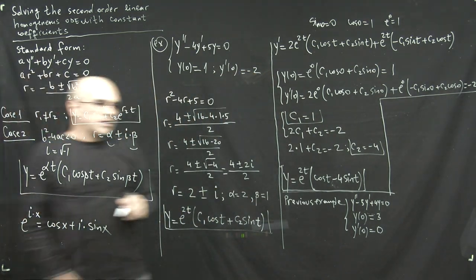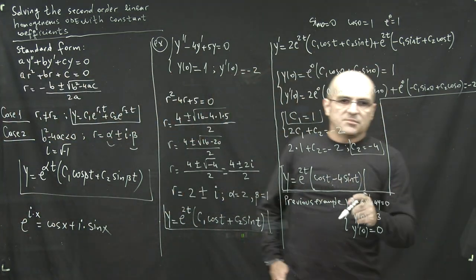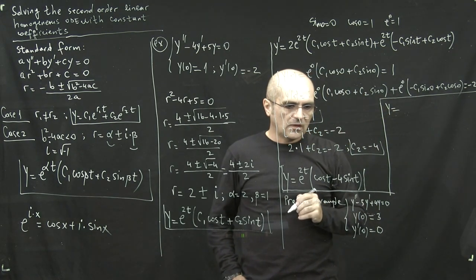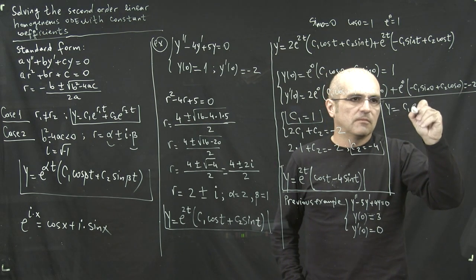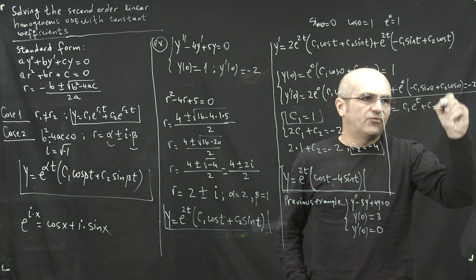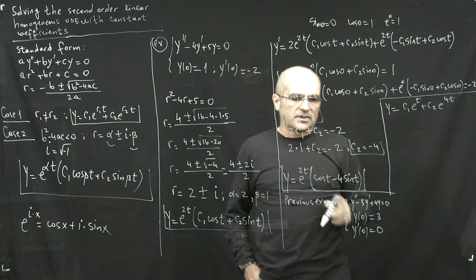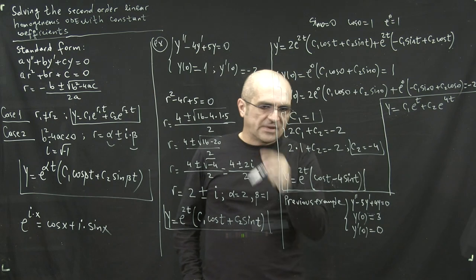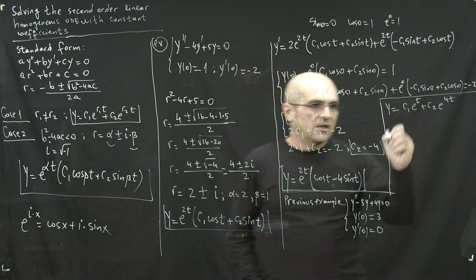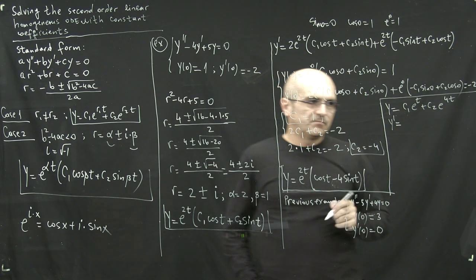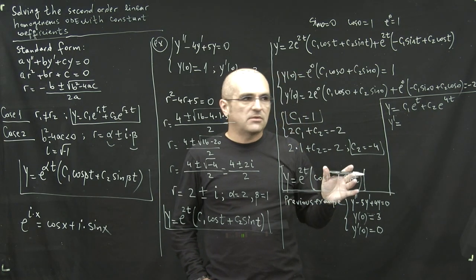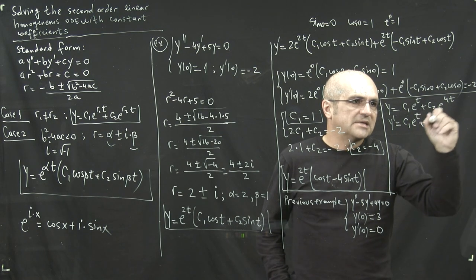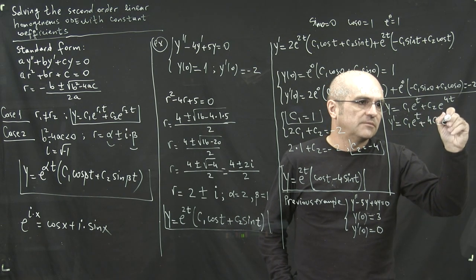Okay, so we showed in the previous part that the general solution for this equation was C1 e to the t plus C2 e to the 4t, right? Because R1 and R2 are real, 1 and 4. So again, just like the complex case, we have to take the derivative before we plug in 0 for t. There's no product rule here to worry about. So y prime is C1 e to the t plus 4C2 e to the 4t.